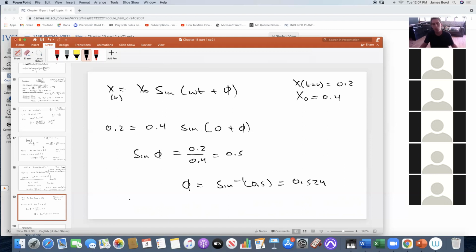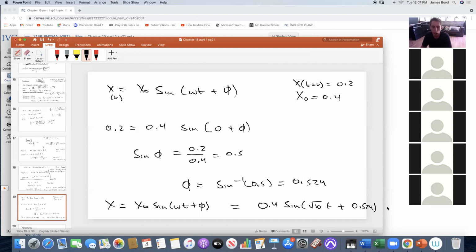And now my x would be x naught sine of omega t plus phi, which is 0.4 sine of square root of 10 times t plus 0.524. Let's double check it.